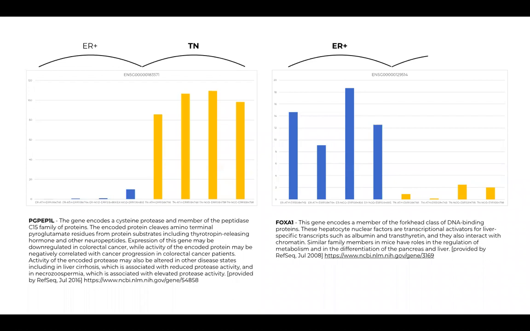We saw that in one condition, ER positive, the expression of the gene is very low, and in triple negative, the expression of the gene is very high. And in another condition, we found another gene in which the expression level in ER positive is very high and in triple negative is very low. This makes it an important finding of our result, which we found after doing factor regression analysis and by plotting the information that we got from that Excel sheet.